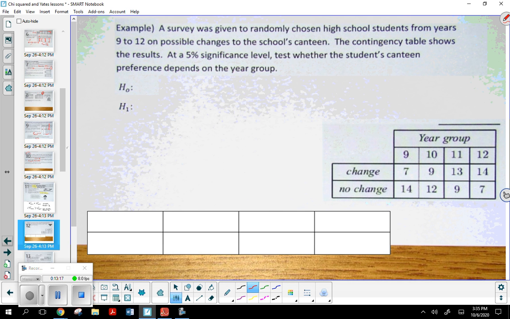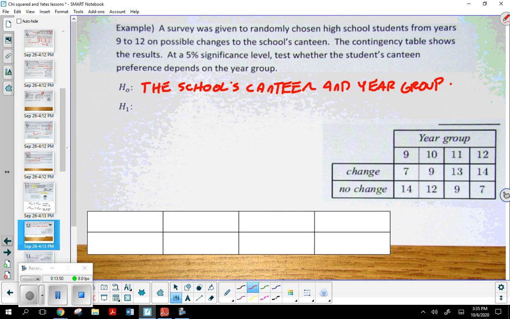So we're comparing year group to the school's canteen, right? The null hypothesis is always going to state that the two quantities are independent. So I could go ahead and say something to this effect, that the school's canteen and year group are independent.